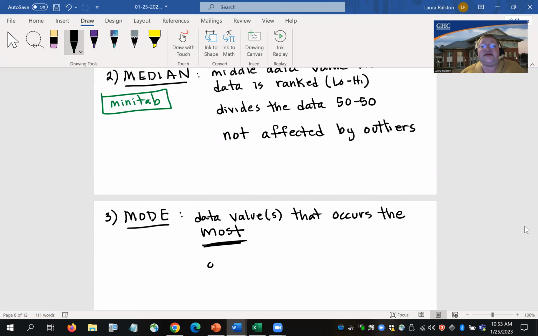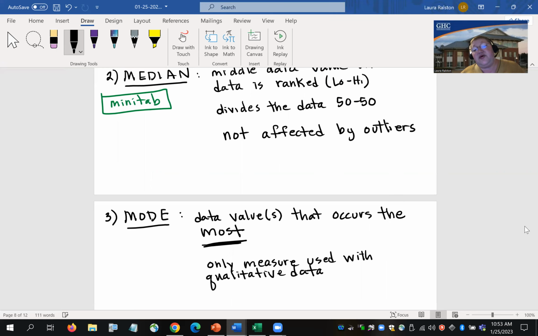The mode is the only measure used with qualitative data.